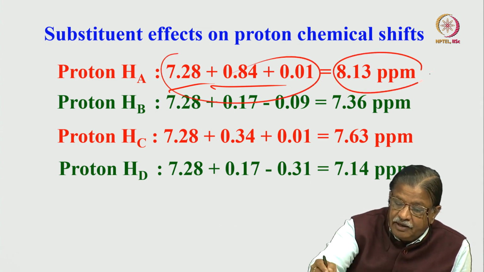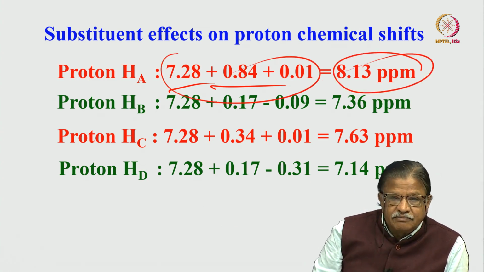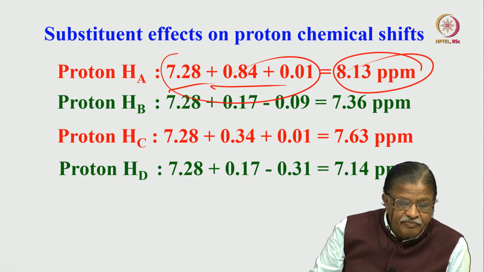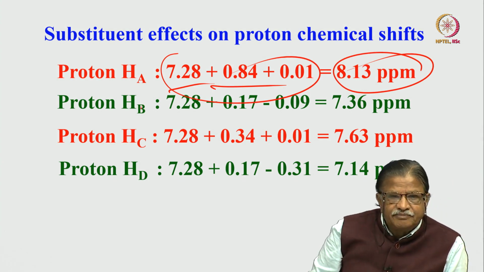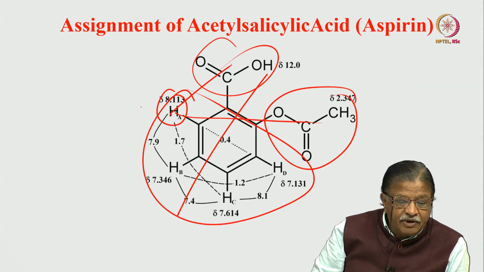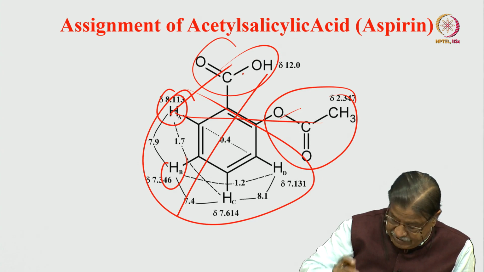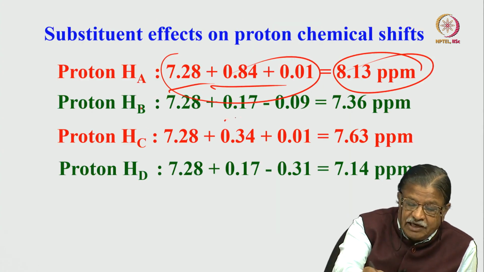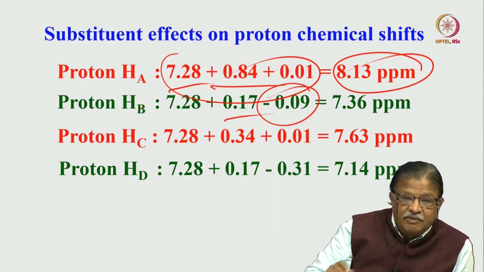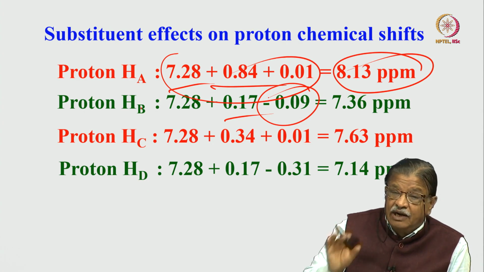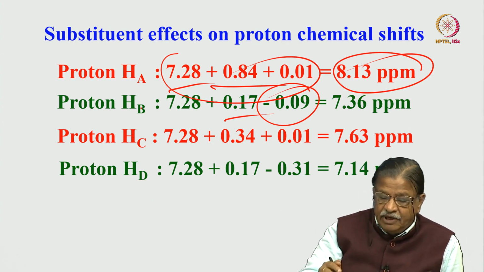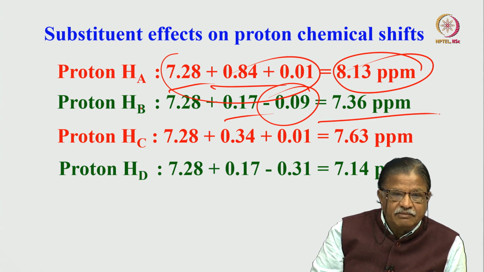It turns out to be 8.13 ppm. Very good. Similarly, if you go to proton B, what happens? This one is in the meta position, the other in the para position. For the meta position, it is 0.17. For the para position, it is -0.9. You have to add. It is not always additive, it is also subtractive. It turns out to be 7.36 ppm.